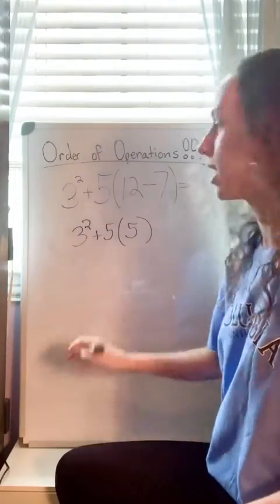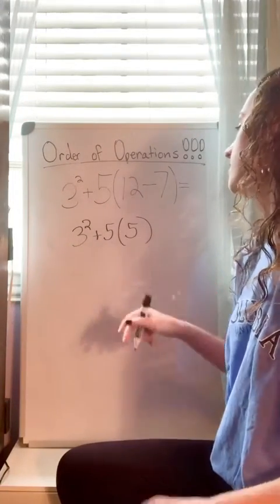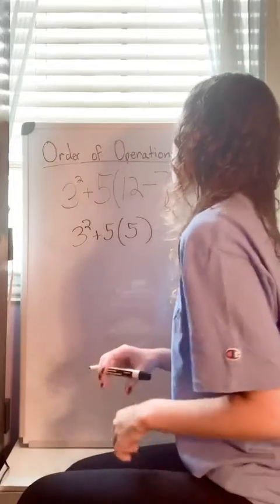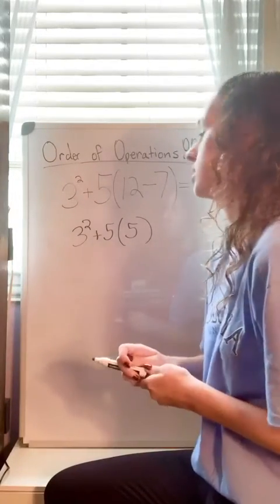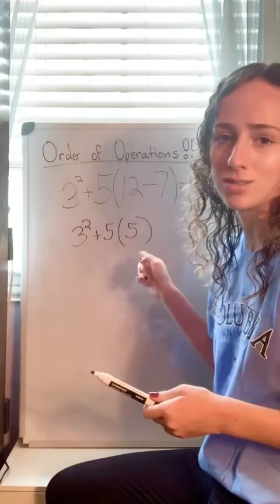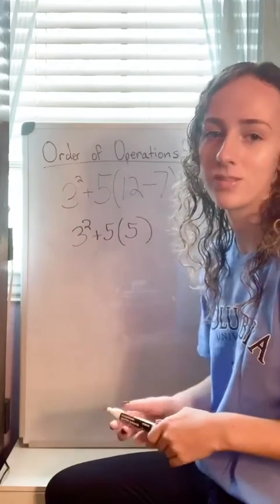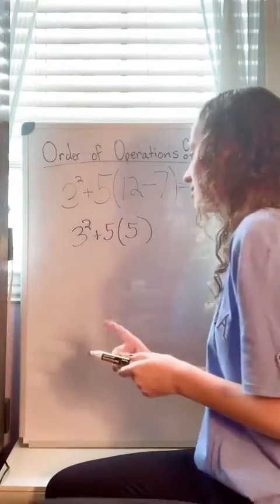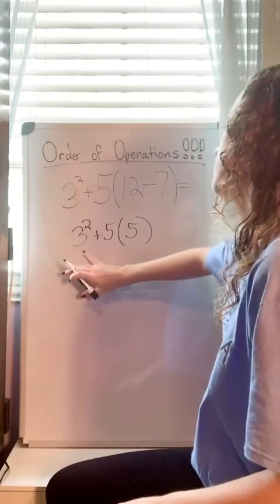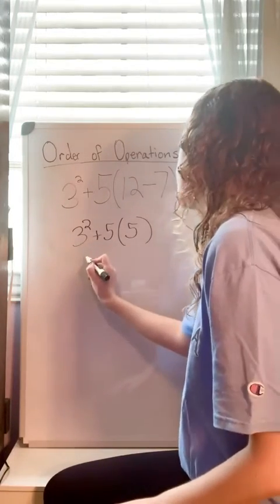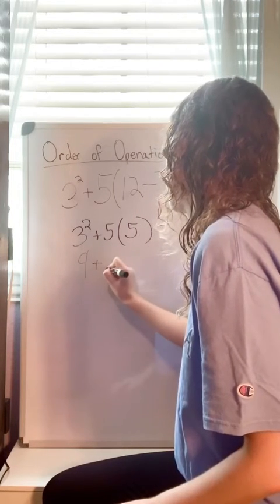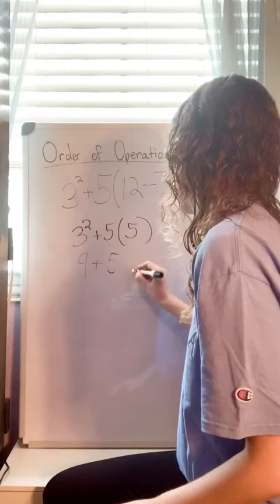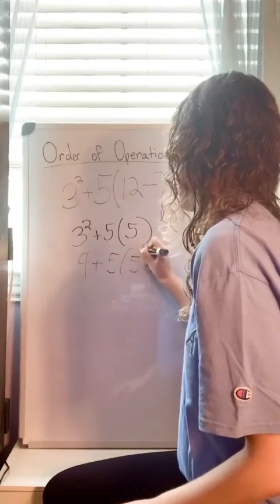So now we have 3 squared plus 5 times 5. Next we would do the exponent. Even though that isn't a parentheses, that can also be rewritten as just 5 times 5, so don't mistake that. 3 squared is 9, so we can rewrite this as 9 plus 5 times 5.